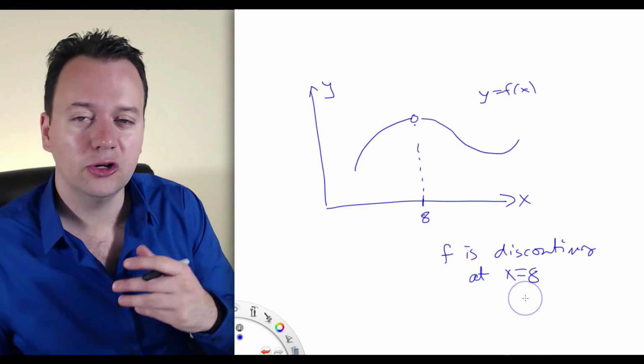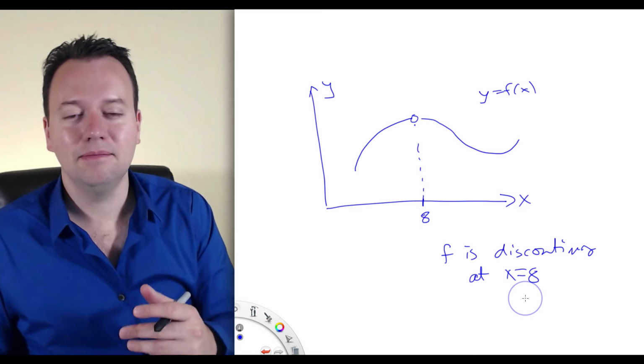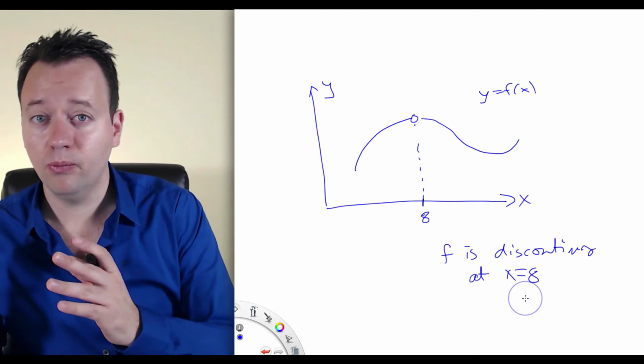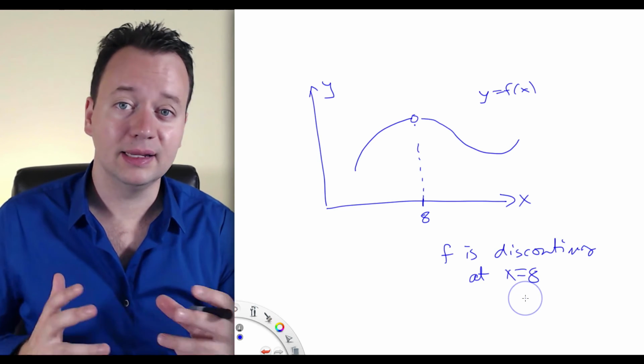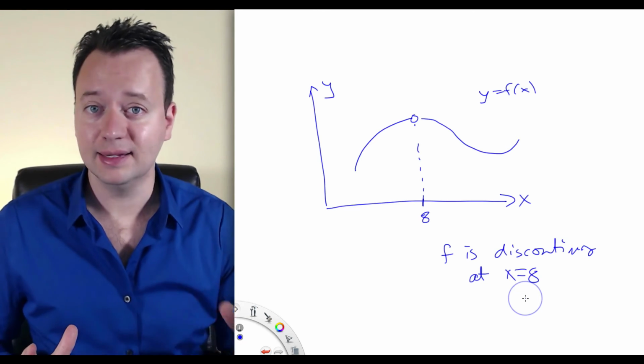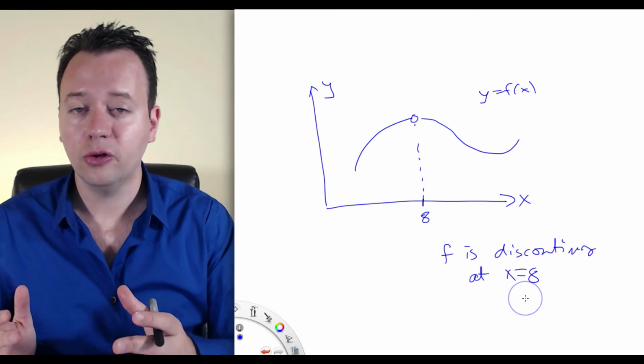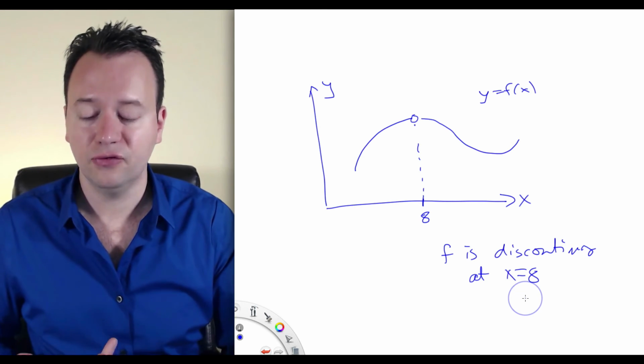Now, just because a function is discontinuous doesn't mean that it can't be continuous on a portion of its domain. You could also make the statement that it's continuous between 5 and 7, because on the domain from 5 to 7, the function is in fact continuous.